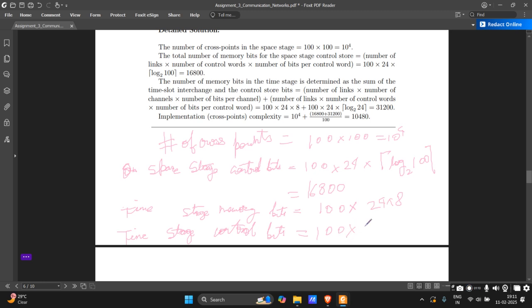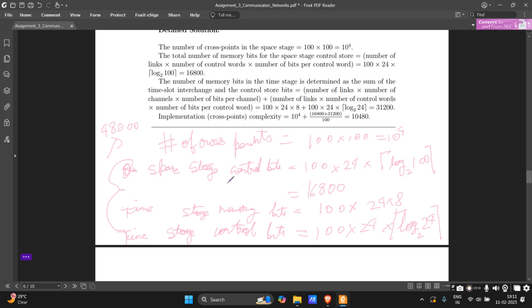100 into 24 into number of channels, because in TDM the choice is in the channels, so of course the log will be in the channel. So if you add all these three together, you will get something like 48000.